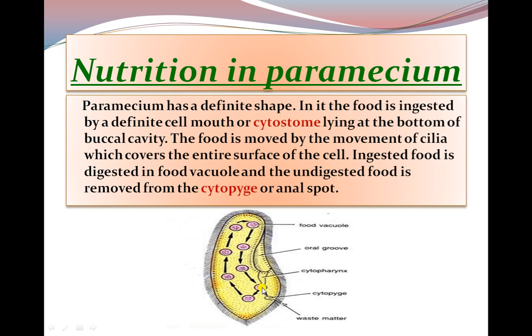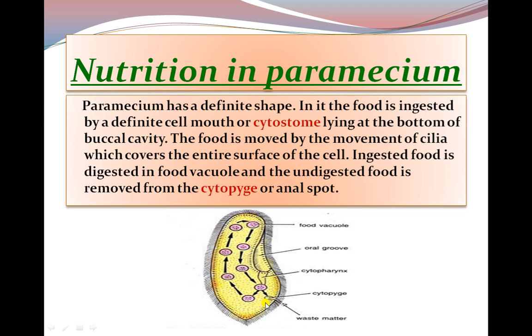Inside this food vacuole, the complex food material is broken down into simpler form with the help of various enzymes, and then this simpler food material is moved inside the cytoplasm and gets absorbed and assimilated in the cytoplasm of Paramecium, where it is utilized for various metabolic processes.